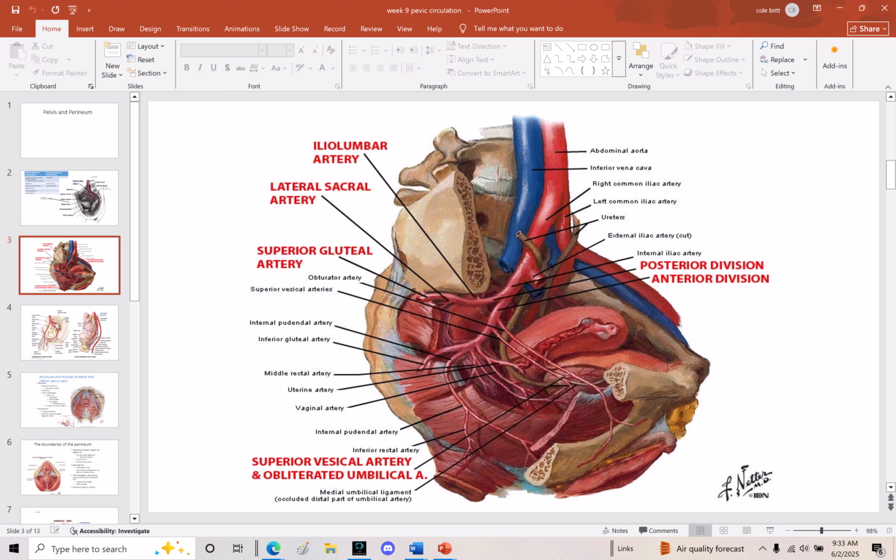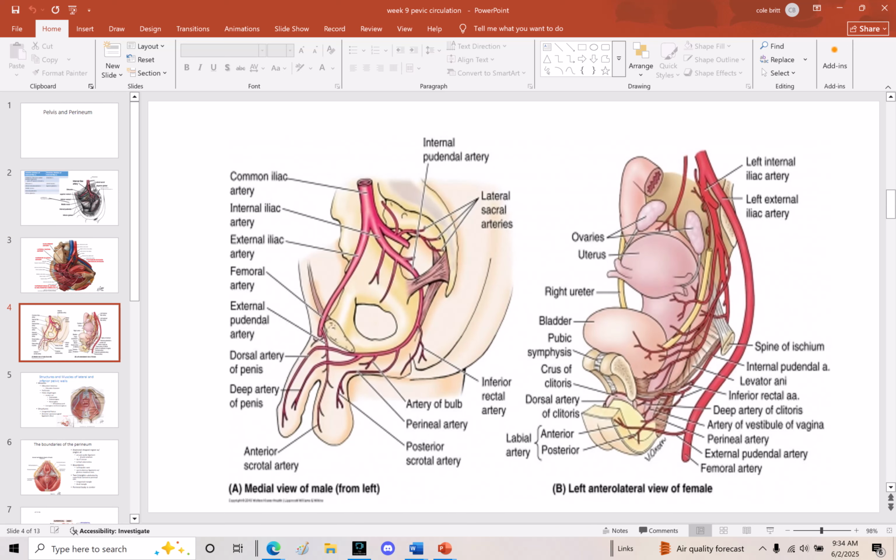All right? So veins right here, no major ones are in there, but keep in mind there is a vein that corresponds with each one of these arteries. So here's a closer-up picture of everything with some of the extraneous material removed. Here is our sacrotuberous and sacrospinous ligament, and the internal pudendal artery making its way out here.